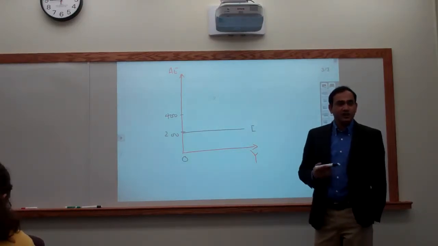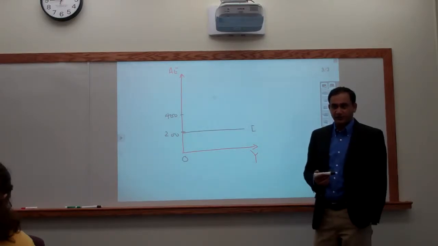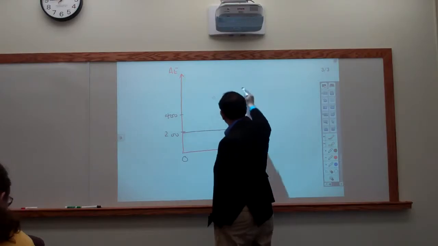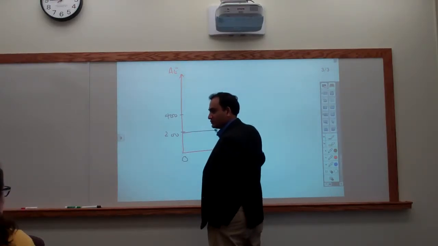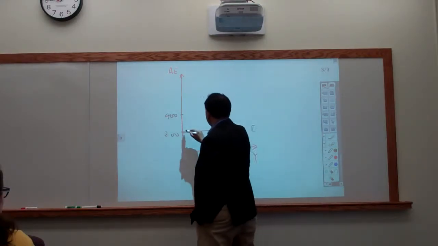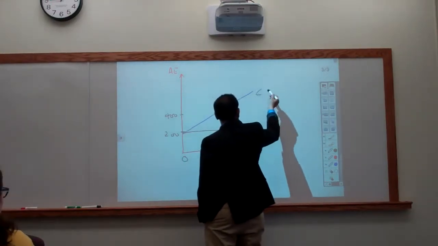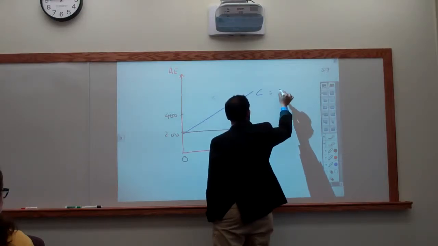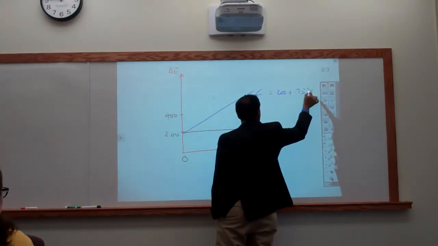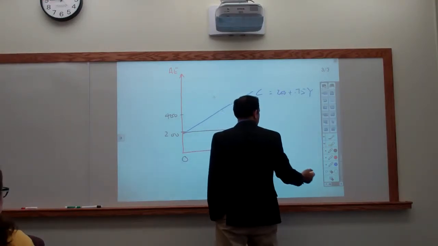The slope of planned aggregate expenditure is the same as the slope of the consumption function, right? So I can draw a consumption function starting from here. It goes like this, right? I'm just skipping that part. So that's, let's say, your consumption function, which is 200 plus 0.75Y. And then I'm going to add those two.